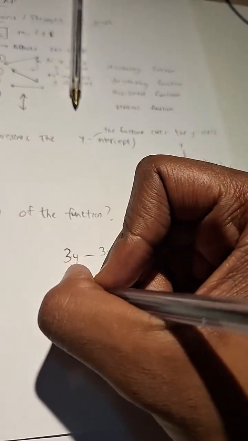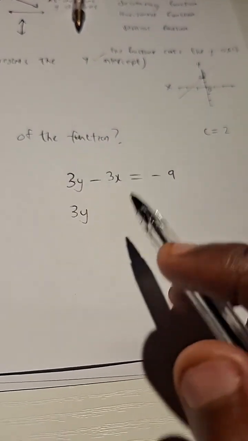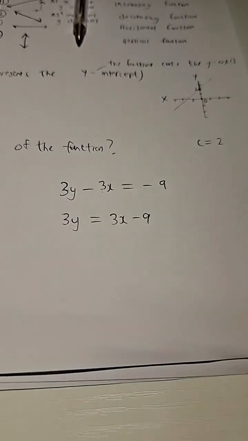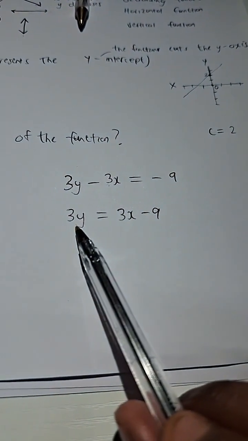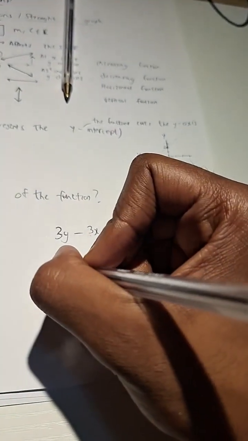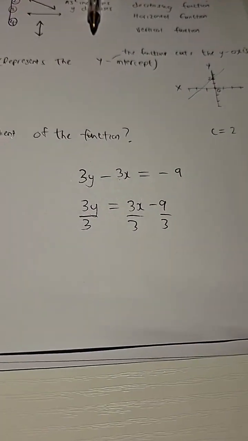So let's go ahead and get this into standard form. Let's isolate the y. 3y is equal to, we transpose the -3x, it becomes 3x minus 9 on the other side. Do we agree so far? Okay. Then what do we do? The coefficient of y is 3. When it's like that, what do we do, guys? We must divide by the coefficient, right?